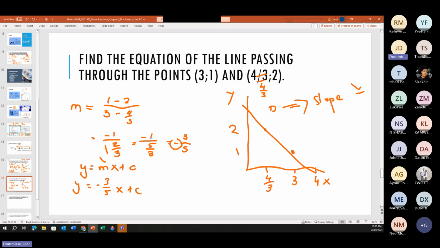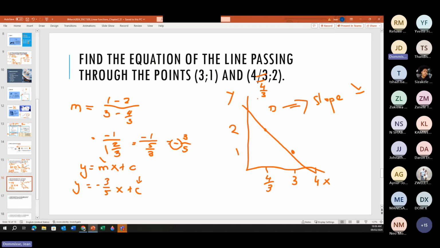So the same as the previous question, we don't know what c is. They haven't given it to us. So we can use any of those two points, substitute it in the formula so that we can get to c.